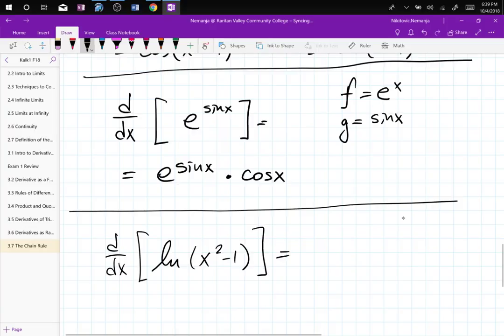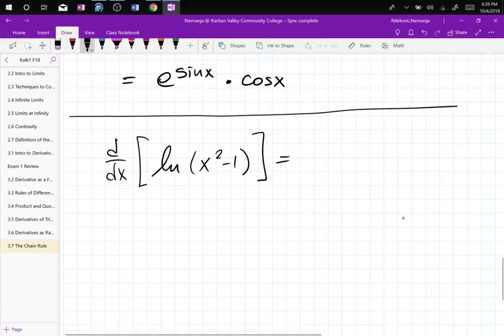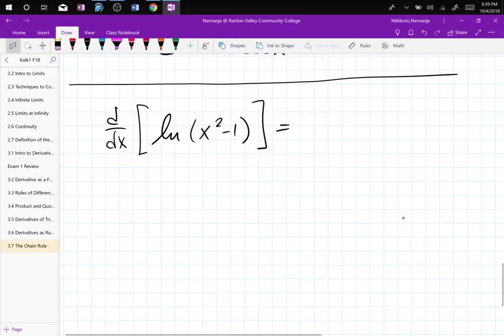So I have this function, and it's going to be ln of x squared minus 1. We should quickly agree on what f is and what g is. What's f? ln x, that's the boss. And x squared minus 1 stays as g.